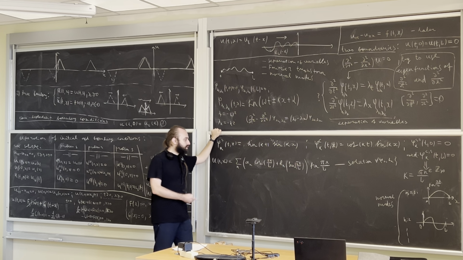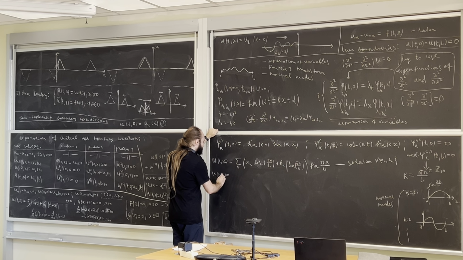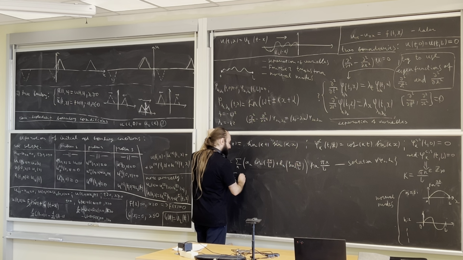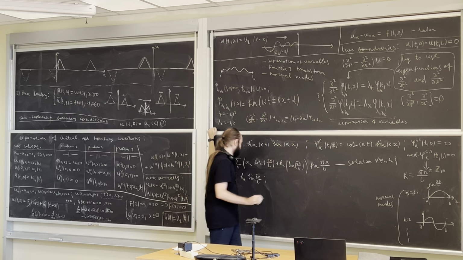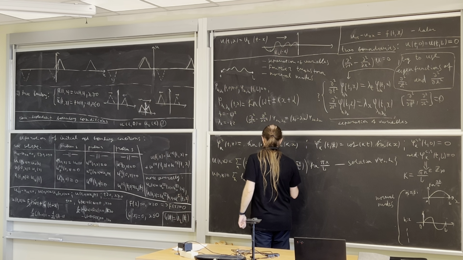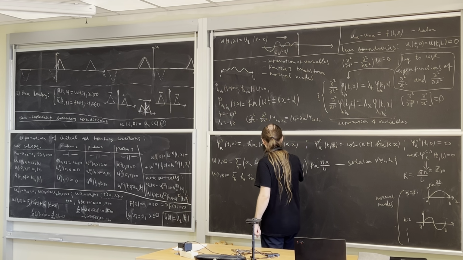So if you want to satisfy the initial conditions, then we can also write that u of 0 and x equals the sum over n of b_n sine of pi n x over L, and u_t of 0 and x is the sum over n, oh, I missed n everywhere.